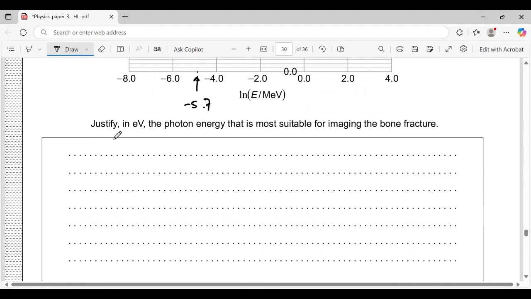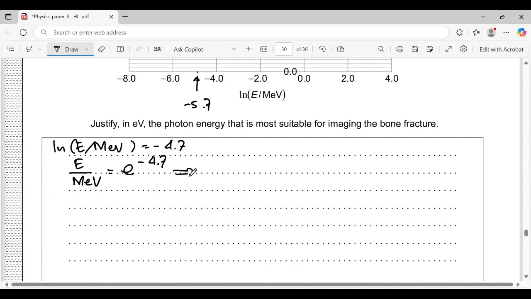When ln E over mega electron volt equals minus 4.7, we can write this equation as E over mega electron volt equals e to the power of minus 4.7.